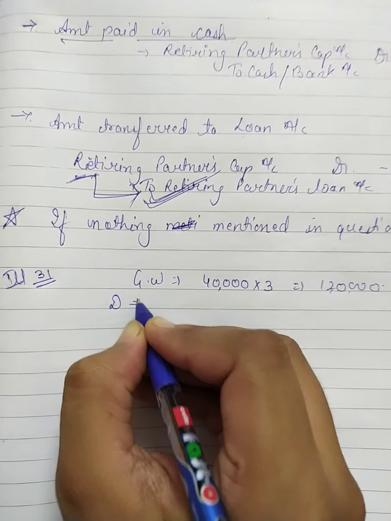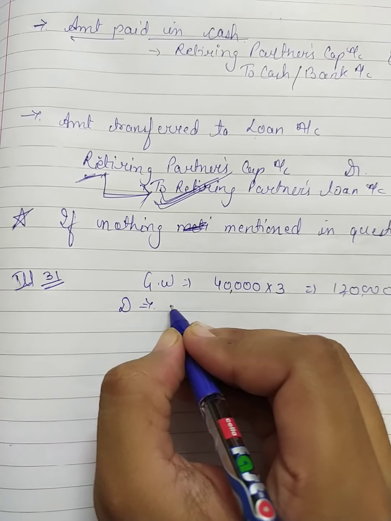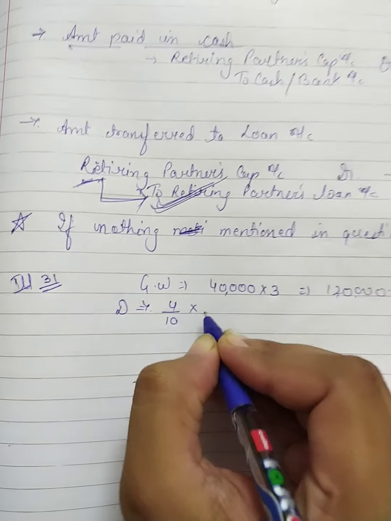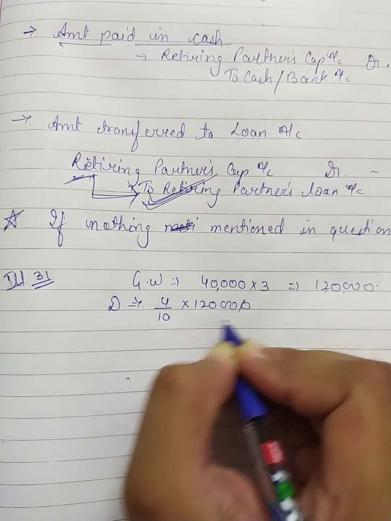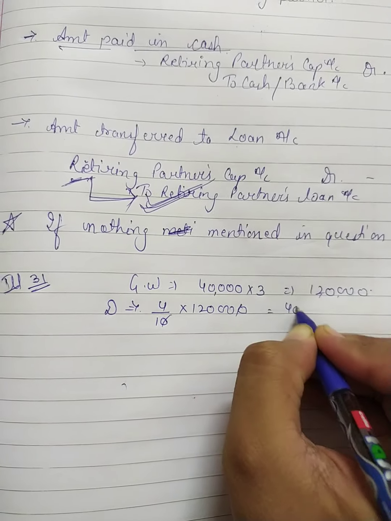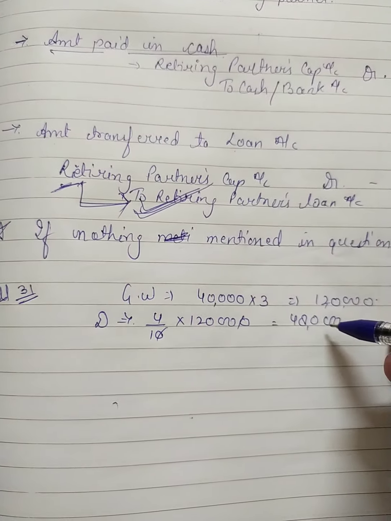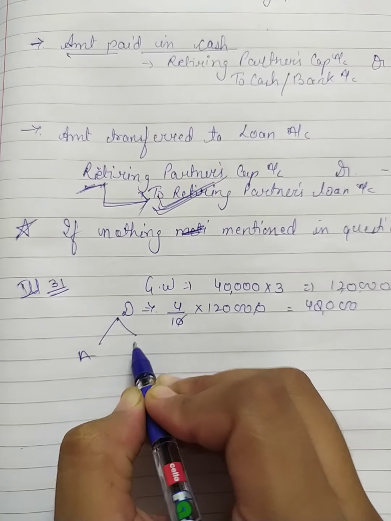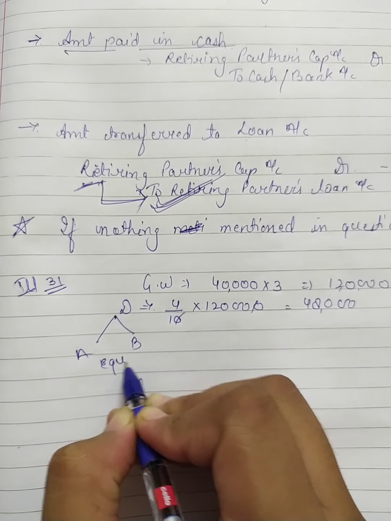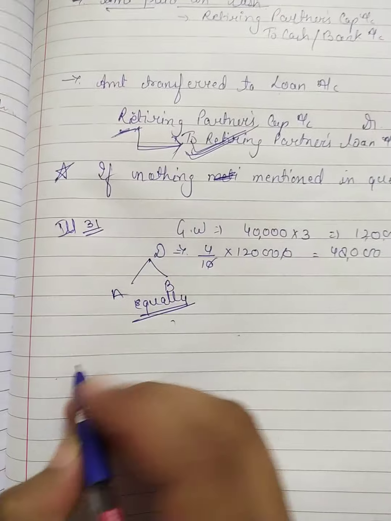And D is retiring, whose share was 4 by 10. Okay, so D's share in goodwill is 48,000. It means D will take the goodwill as rupees 48,000 from A and B, that is equally. Okay, so let's start the entries.